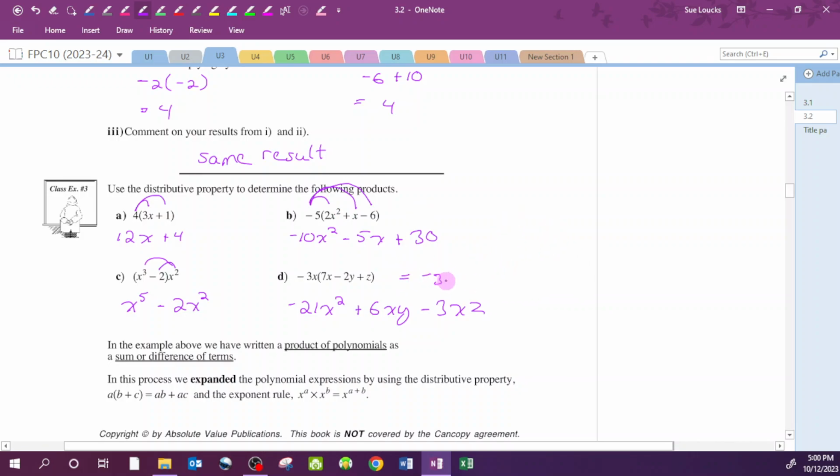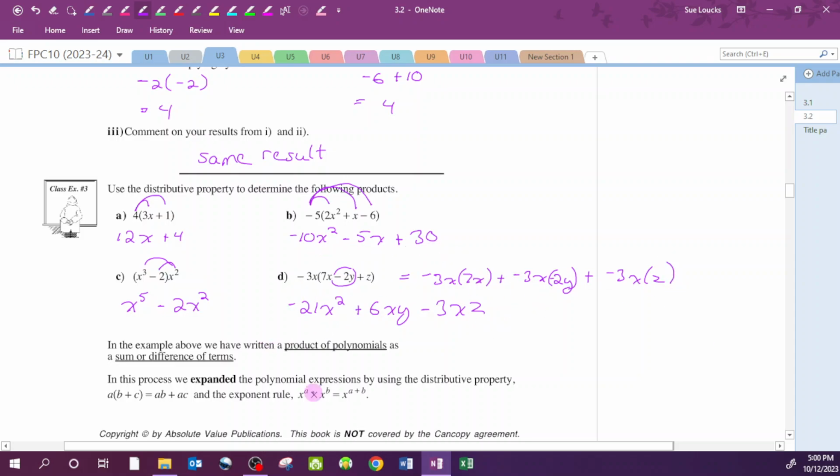So this is going to be negative 3x times 7x, and it's negative 3x times 2y, or negative 2y, actually, because 'and' means plus, right? So it's this thing times this thing, and negative 3x times z. Okay, so that's how I get this.